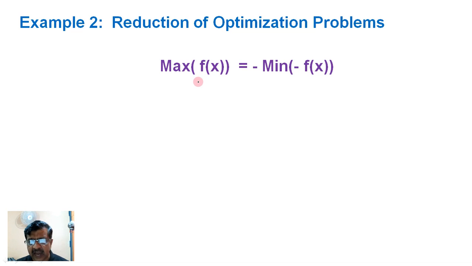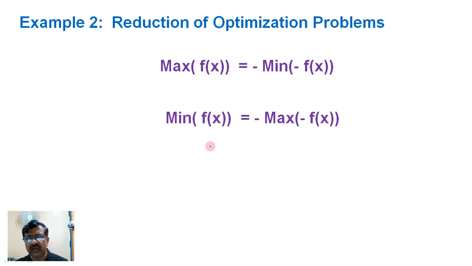The original problem was a maximization problem; it was reduced to a minimization problem. In the same token, a minimization problem can be reduced to a maximization problem by attaching a minus sign to the entire function.